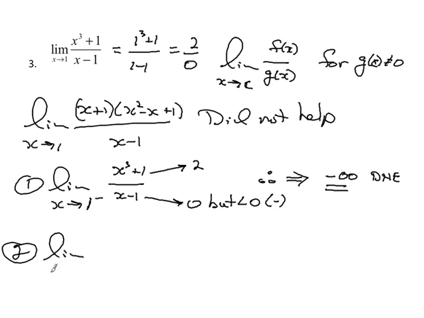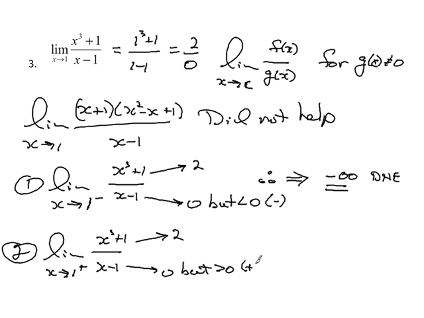I need to take a look at the limit as x approaches 1 from the right of x cubed plus 1 over x minus 1. Again, the numerator will go to 2. The denominator will go to 0, but greater than 0. In other words, it's going to be positive. As I approach 1 from the right, this x value is always going to be bigger than 1.